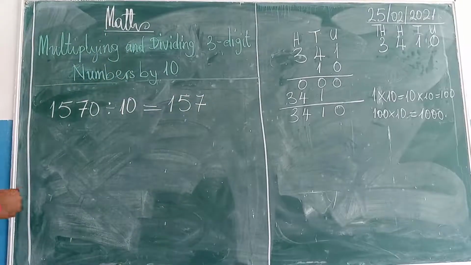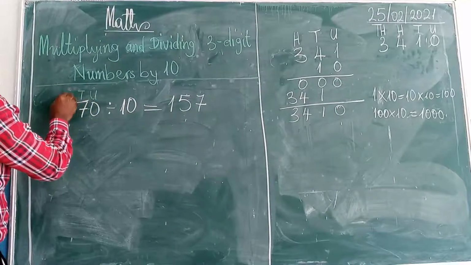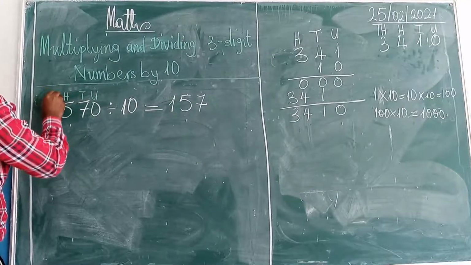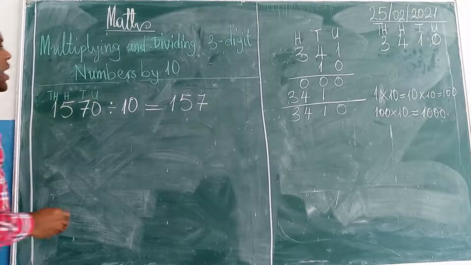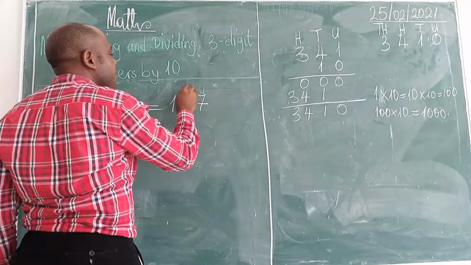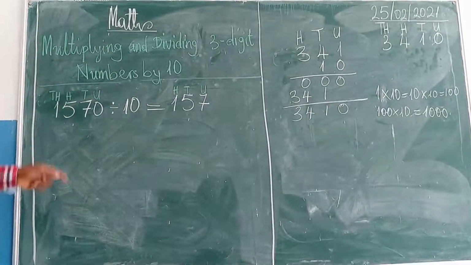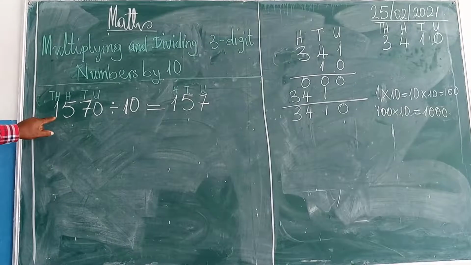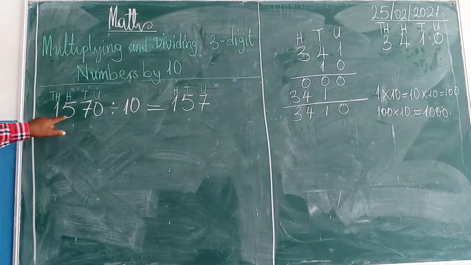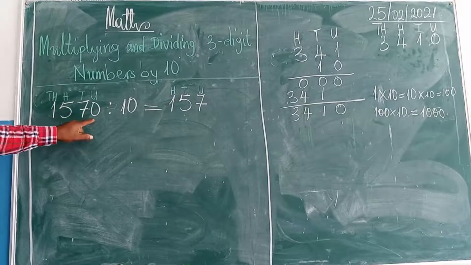Now, let us look at that. This is unit, tenth, hundred, thousand. And in the answer, it will be unit, tenth, hundred. So, we notice that the thousands has shifted to hundred, hundred has shifted to tens, tens has shifted to unit.